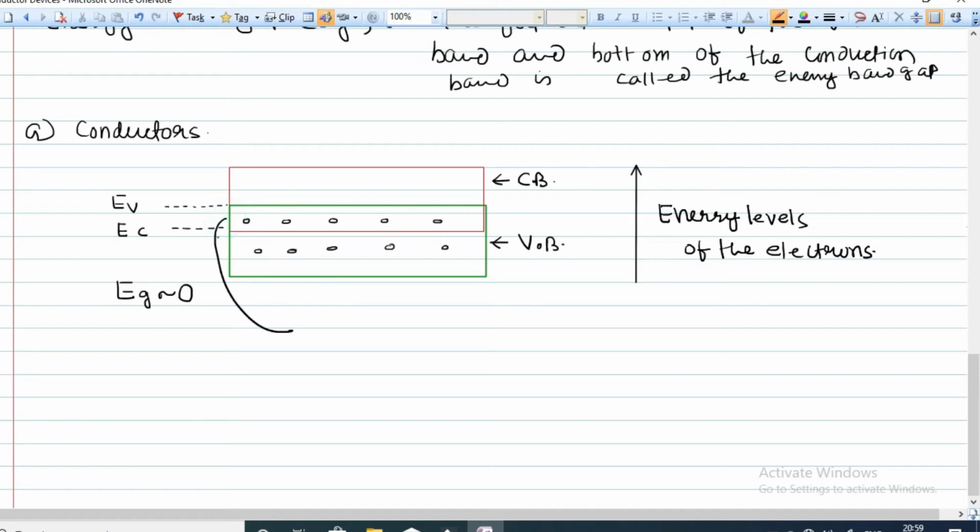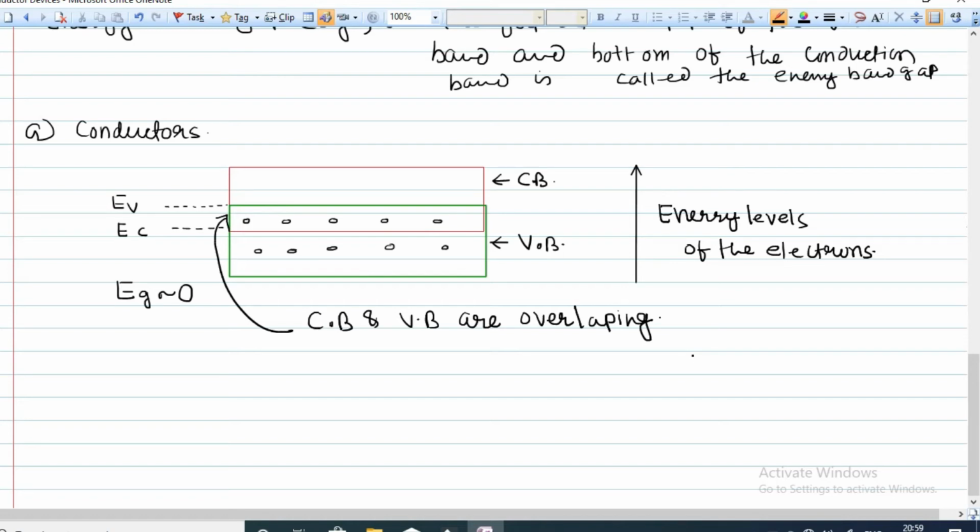Conduction band CB and VB are overlapping, due to which there is no difference of energy between conduction band and valence band. That's why in conductors the electrons are easily available for conduction, free to take part in the conduction inside a conductor.